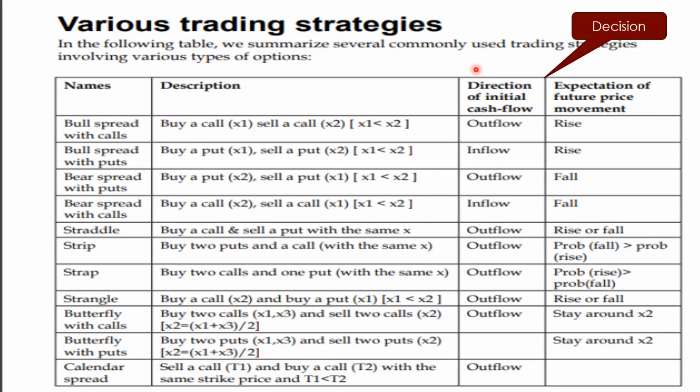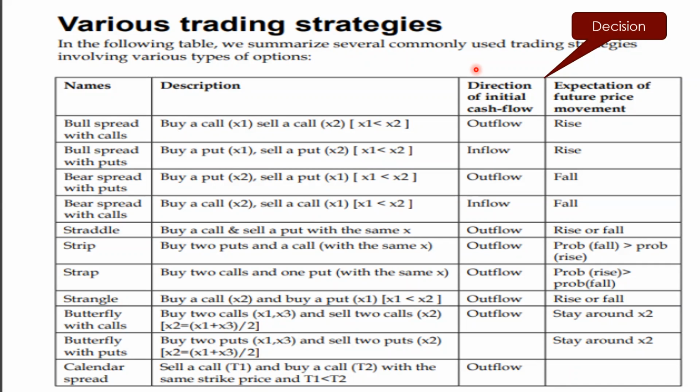Outflow of investment means your value may move out. Inflow means your value will increase. Usually in case of put option, it will be an inflow. So it will tell only two things, outflow of investments and we are expecting a rise in price. And if it is a call option, Pranit will say that we can go for the bull spread strategy.